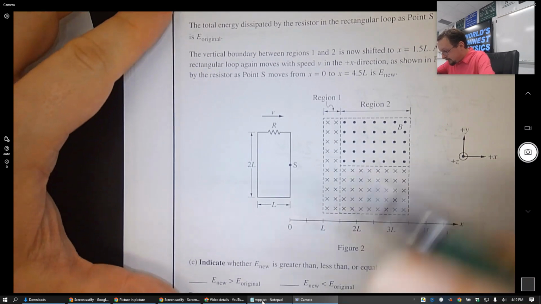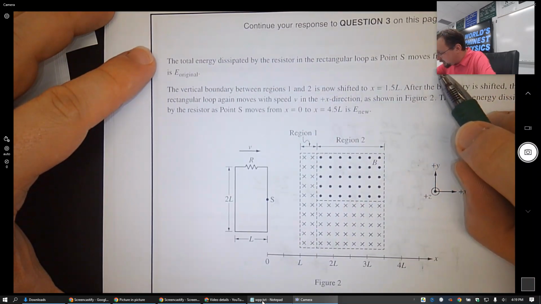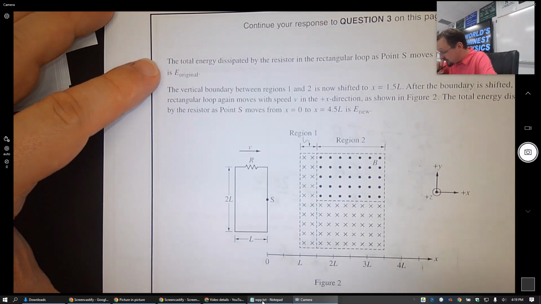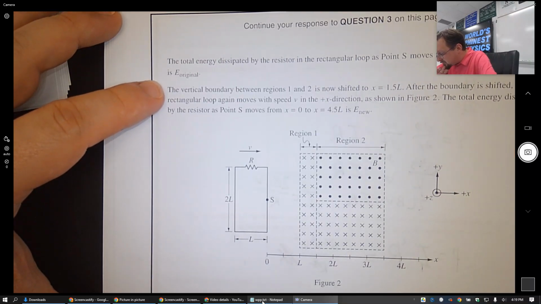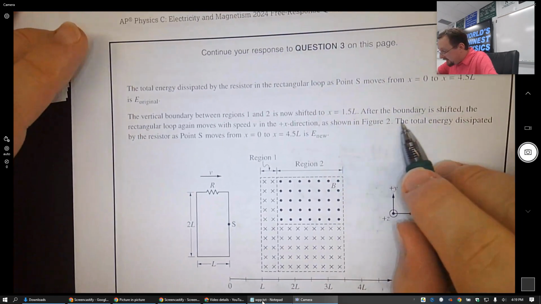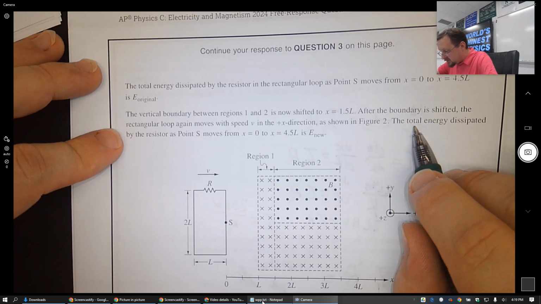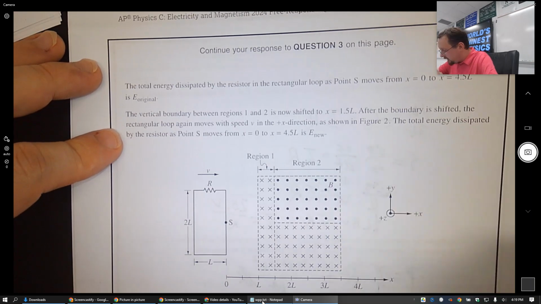The total energy dissipated by the resistor in the rectangular loop as point S moves from 0 to the end is E. The vertical boundary between regions 1 and 2 is now shifted to 1.5 L. After the boundary is shifted, the rectangular loop again moves at speed V in that direction. The total energy dissipated is E new. How do they compare?